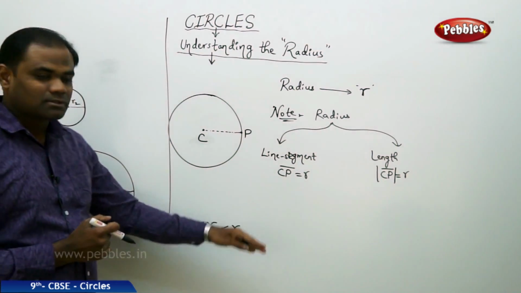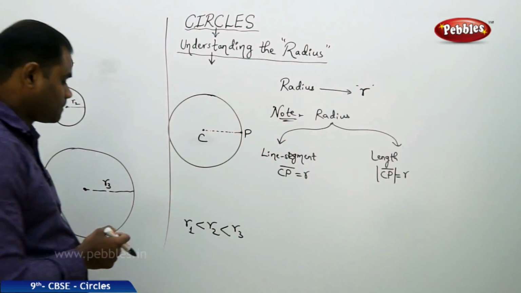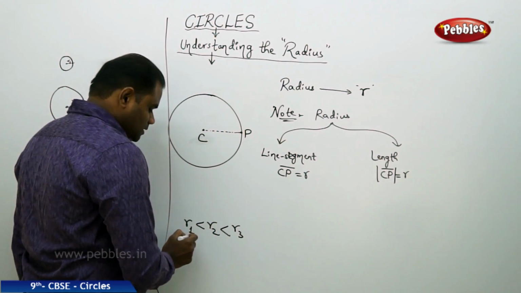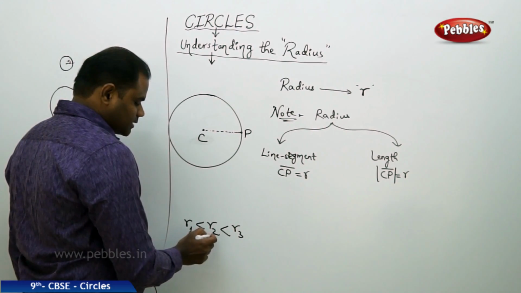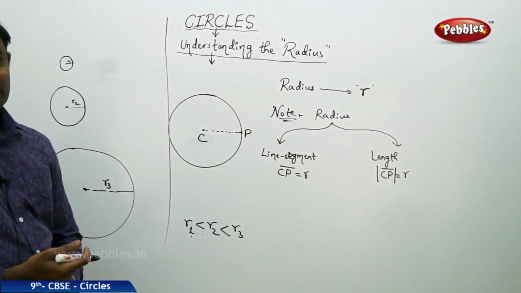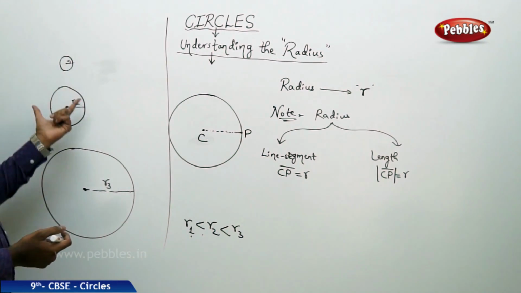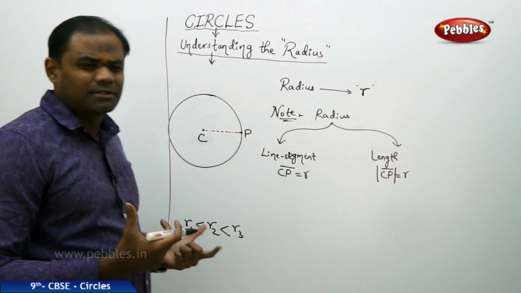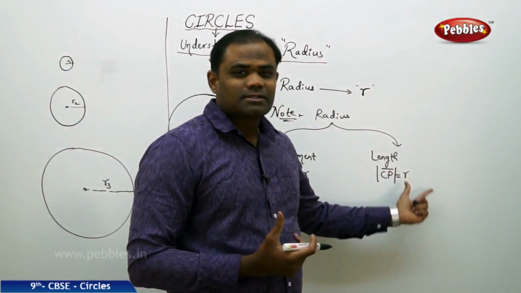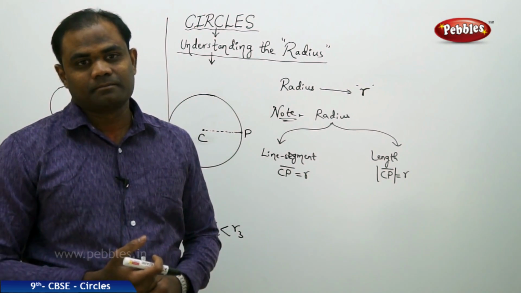This is how it comes in ascending order. So the radius of the first circle r1 is less than radius of the second circle, which is r2, less than radius of the third circle, which is r3. Therefore, I clearly understand that as the length of the radius increases, the circle becomes bigger and bigger.